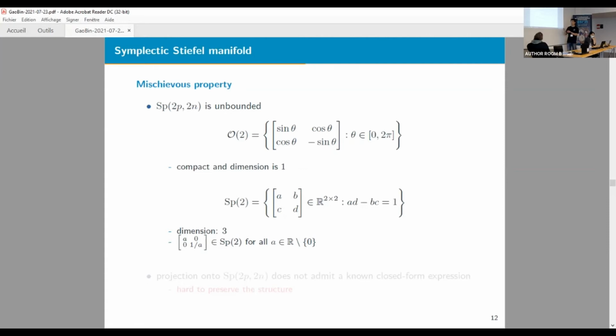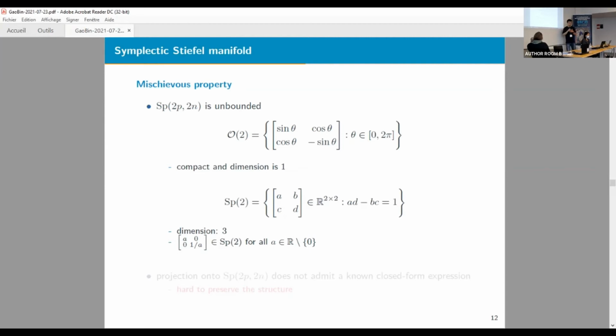But if you consider this symplectic counterpart, it has dimension 3. And this kind of diagonal matrices belong to this set, and you will find that any arbitrary real number can satisfy this constraint. That means your set is unbounded. This is a very bad property when we do optimization.